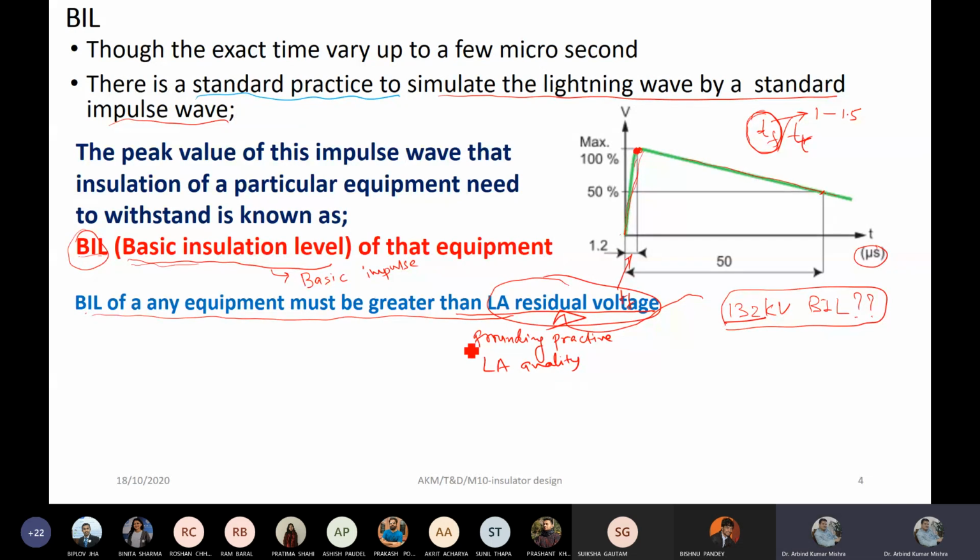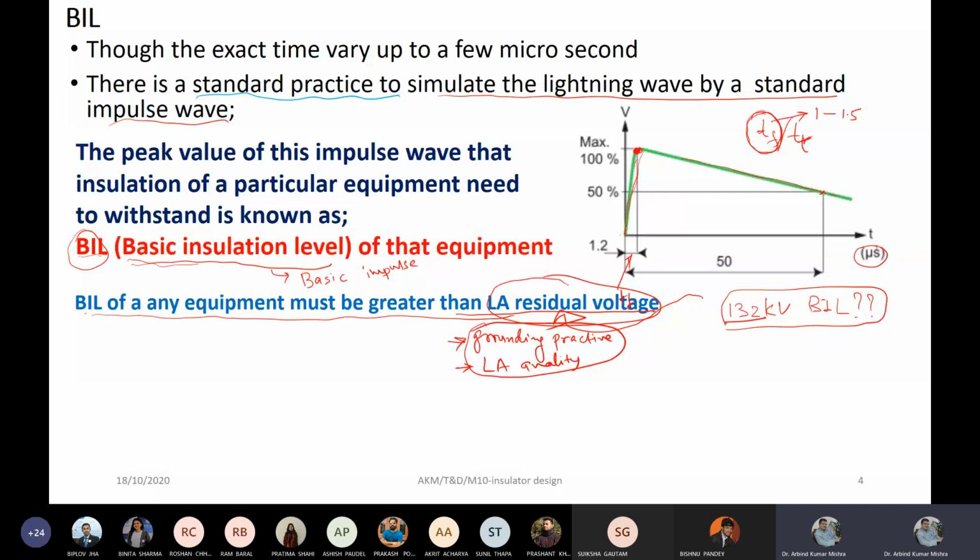Basically these two. And this may, as I have told you, vary from utility to utility, and also from voltage to voltage. As we have seen in the last class, for lower voltages the best quality of lightning arrestor should be used, because the current flowing through the lightning arrestor is higher in case of a lightning strike to the lower voltage.